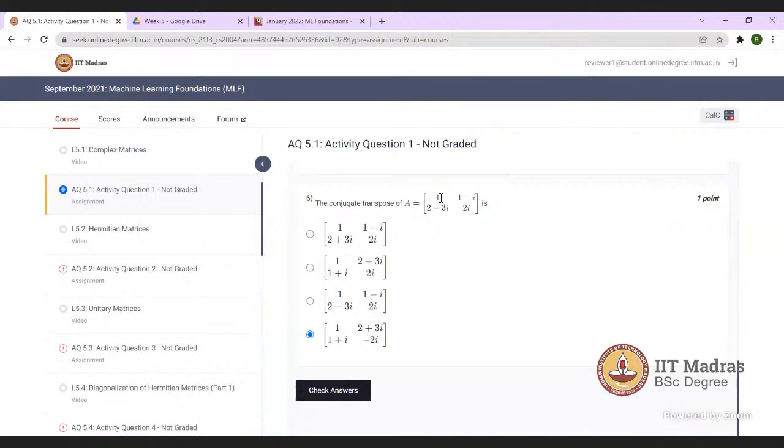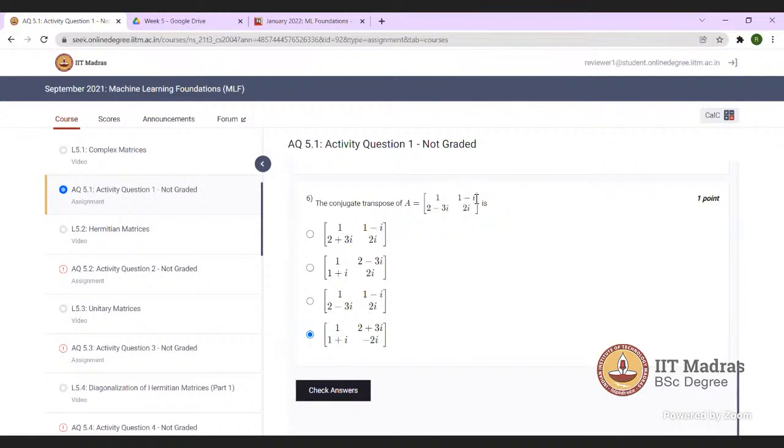Since this is the first position, the conjugate of 1 is itself, and even if you transpose it, this first element will not change. So that is going to be the same. But for 2i it's going to become minus 2i. So the only correct option is option 4.